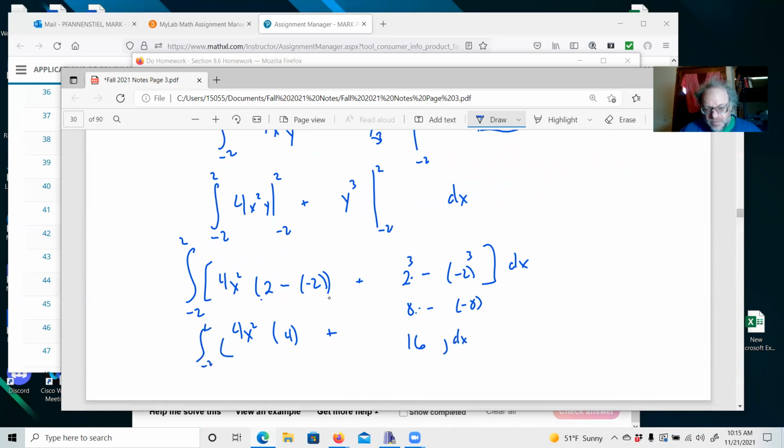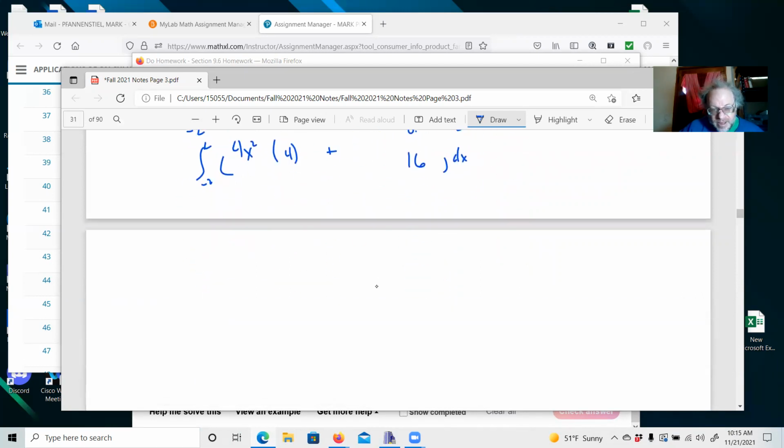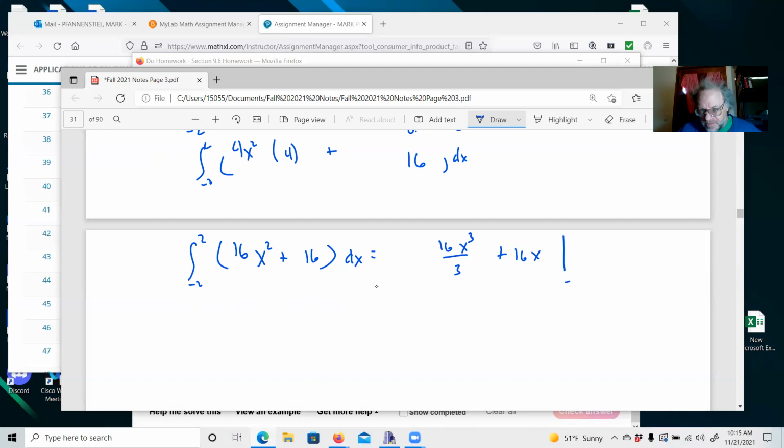All right, let's clean this up a bit. We've got 16x squared plus 16 dx, going from -2 to 2, and now we just go ahead and integrate. So we're going to have 16x cubed over 3 plus 16x, going from -2 to 2.